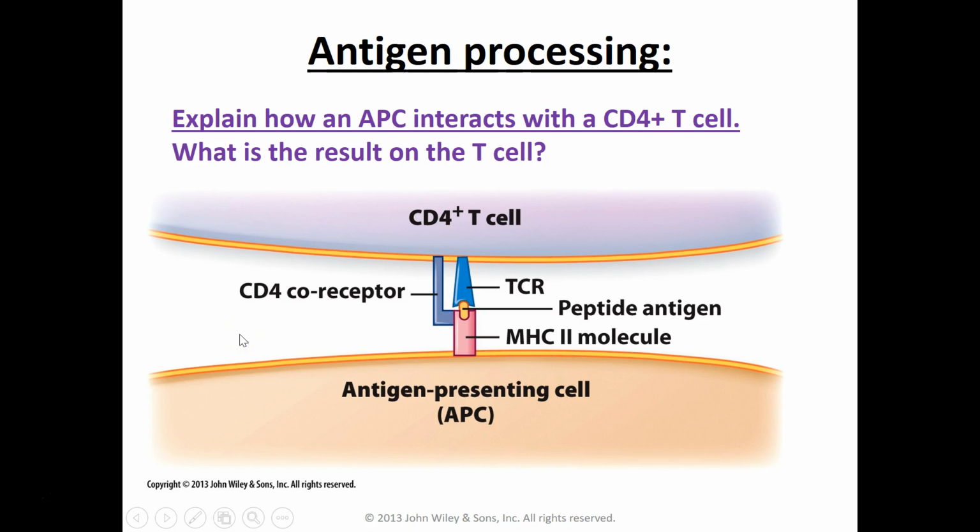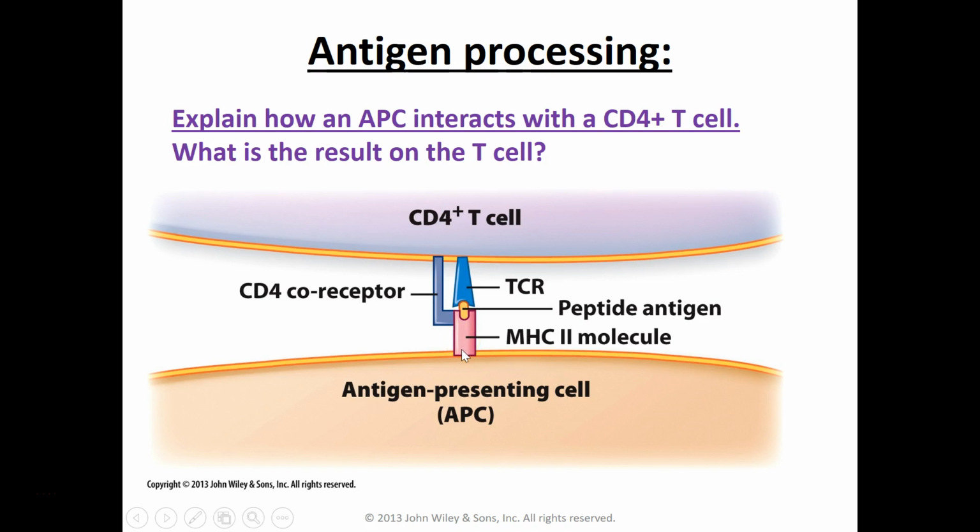What's the result though? So this T cell's receptor recognizes this foreign antigen that this antigen presenting cell, a dendritic cell, macrophage, or maybe B cell, is presenting. They know they can do this handshake because CD4 recognizes MHC class 2.